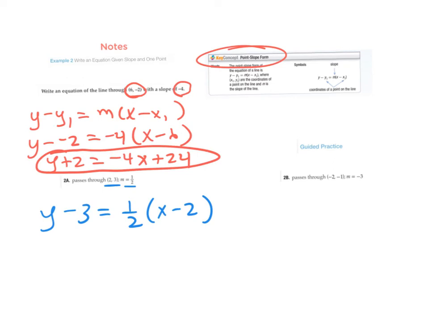Last one, we have that passes through (-2, 1), and the slope is given in this form as a -3. So I'll go y minus a -1 and -3, x minus a -2. And I'm going to clean up both these negatives, so this is really y plus 1. I always like to write it first. That way I make sure I have every part, or have the point correct.